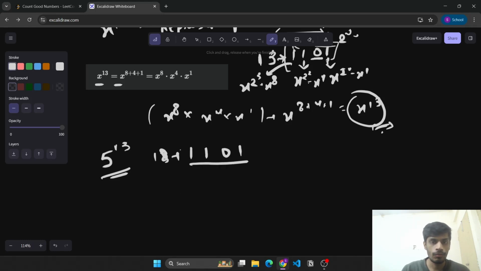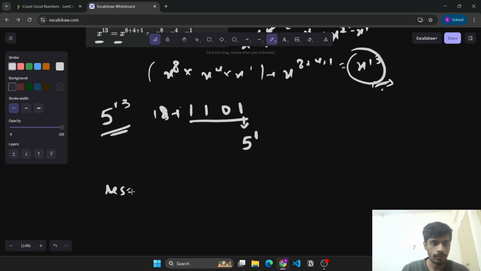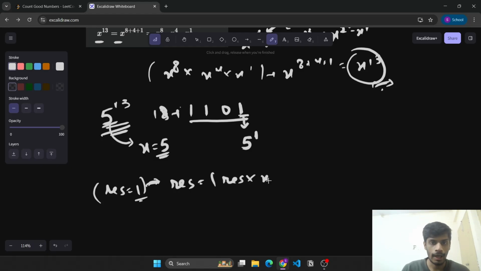Initially the result would be 1, and we'll take the product to get the final result. We will take another variable for the current power, so currently x equals 5. Now if this bit is set, then we need to account for this in our result. So we will update result with result into x percent mod.